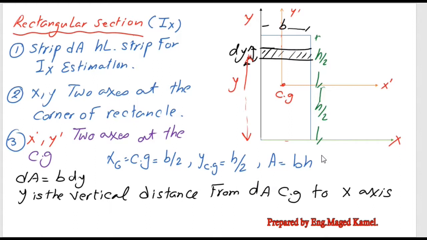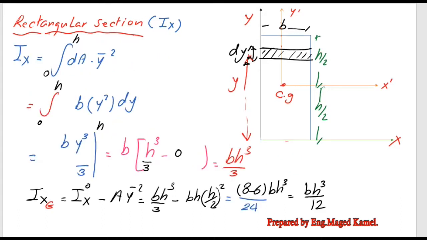This is the area of the rectangle. The area of the small strip, which we call dA, will be equal to b multiplied by dy. We need the y distance from the CG to the x-axis. We are going to square it, as we are going to see in the next step.